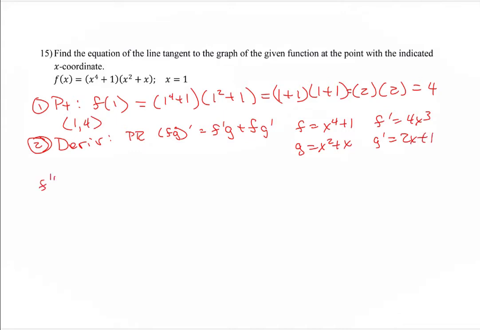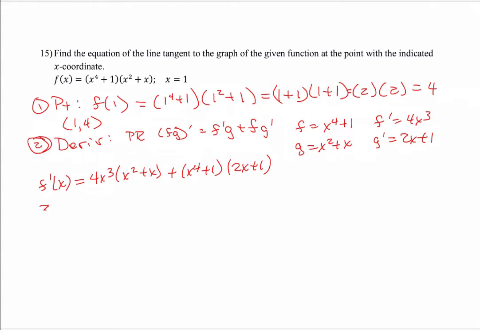So f prime of x equals 4x cubed times x squared plus x plus x to the fourth plus 1 times 2x plus 1.